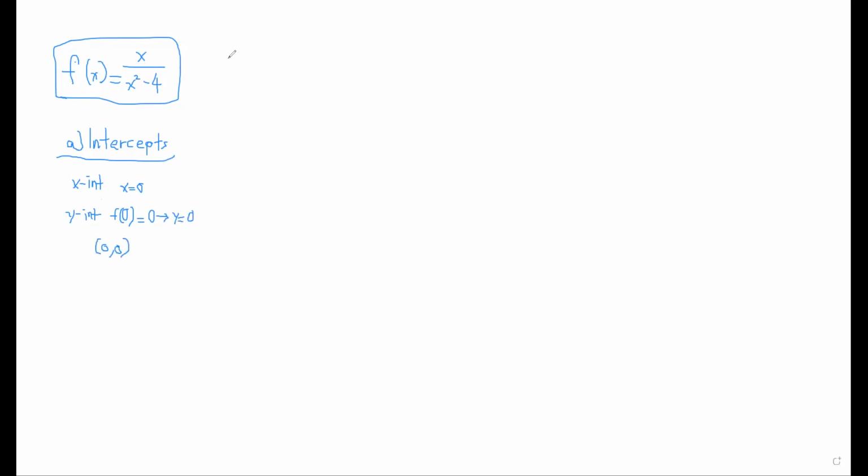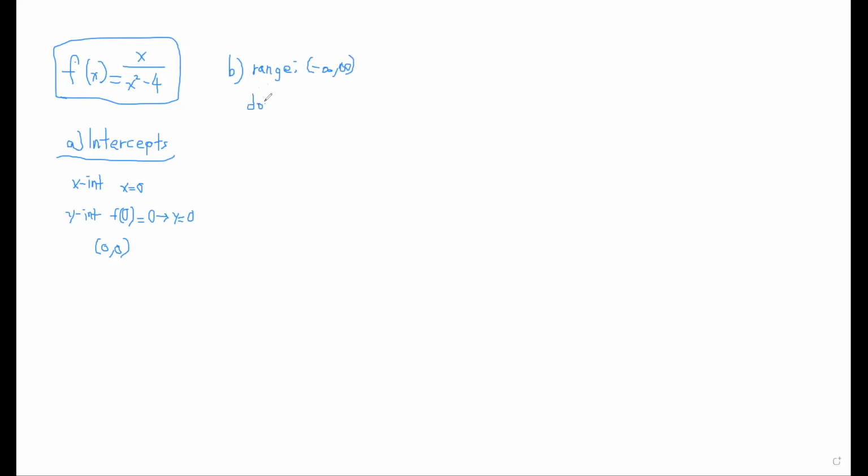Okay, now on to part B. Domain and range. As far as the range goes, it seems to be from negative infinity to infinity because I don't see any restrictions. There's no outward restrictions saying where y can't be and such, not at all. So yeah, it's just negative infinity to infinity. Domain.